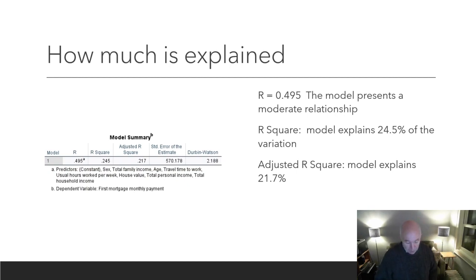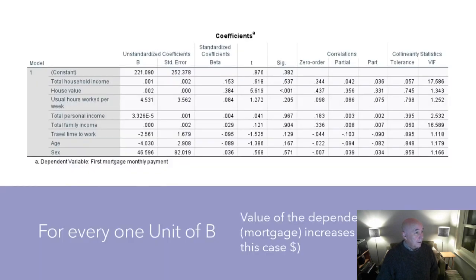All right. So with that set, let's talk about these coefficients. Remember, for every 1 unit of household income, or house value, or usual hours worked, or total personal income, or family income, the dependent variable changes by this amount.